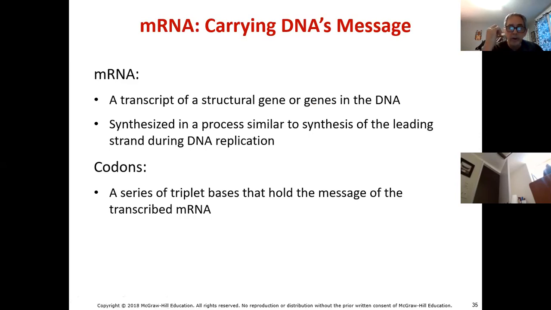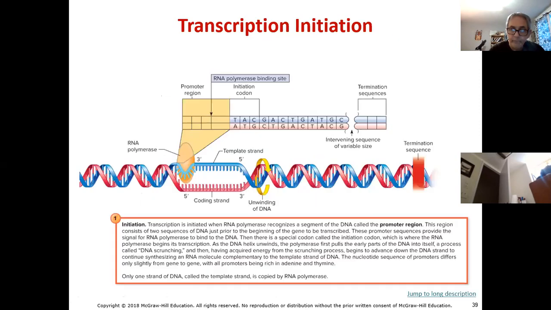So the messenger RNA obviously carries the message. It's synthesized in a process similar to the leading strand synthesis in DNA replication. It has the codons for the amino acids. Transcription initiation.